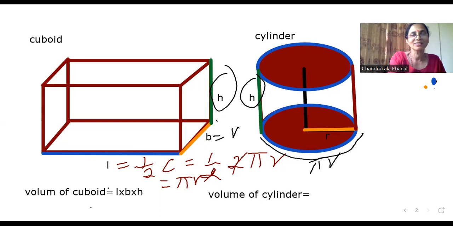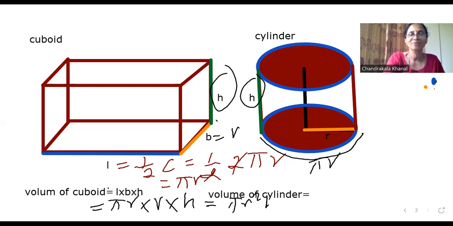Let's put here the values: L is pi r, half of circumference, times breadth is r, radius, and height is also the height. Let us multiply this. It becomes pi r square h.